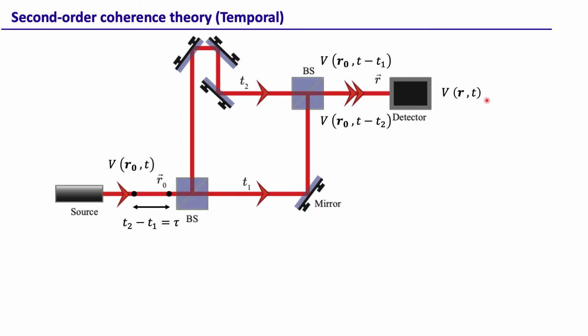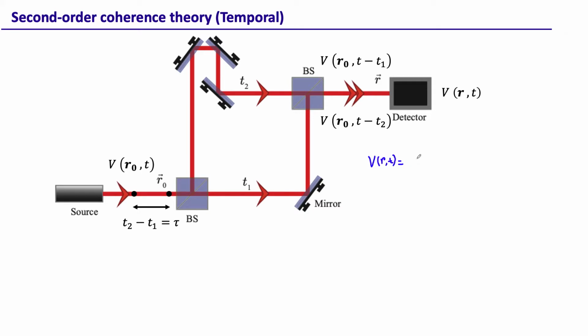So what is this field V(R, t)? That means the field at this detected location. We can write V(R, t), and this has two components.